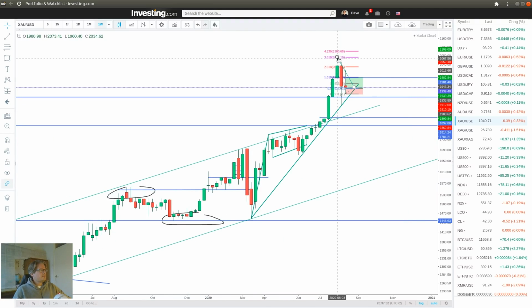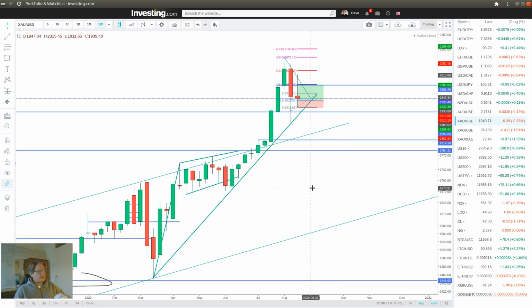We made an all-time high here, and now we're still above this trend line, but it's a very steep trend line. So I'm personally very bullish on gold, but I think we need some more downside, maybe to this level right here. So that's the 1800 level before we can push strongly higher.